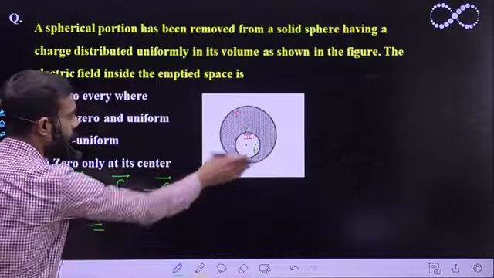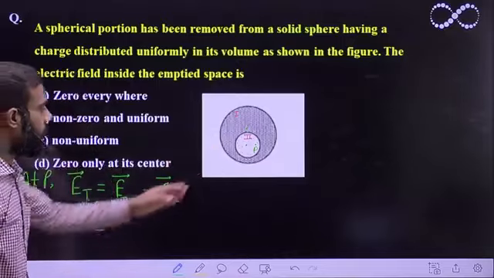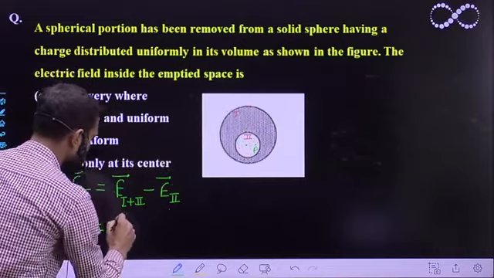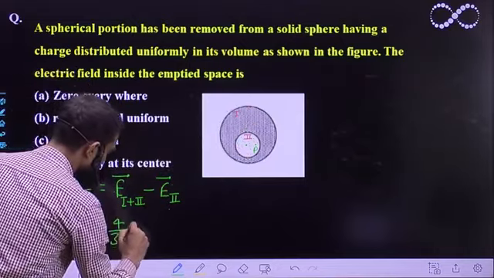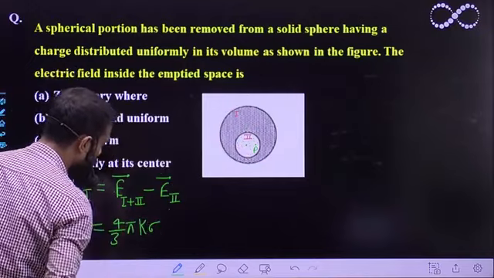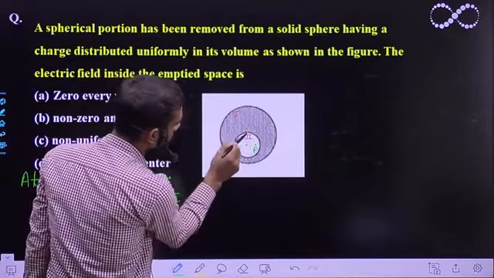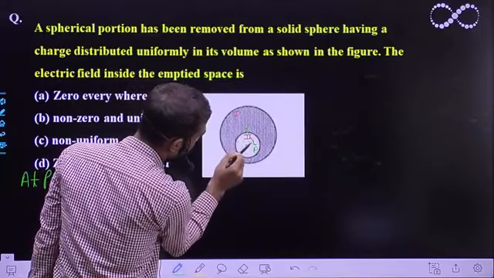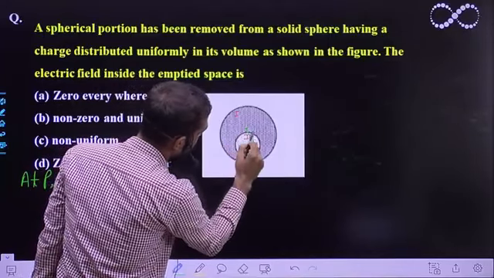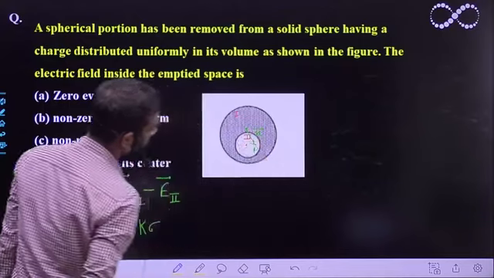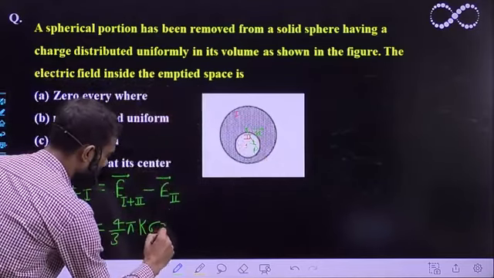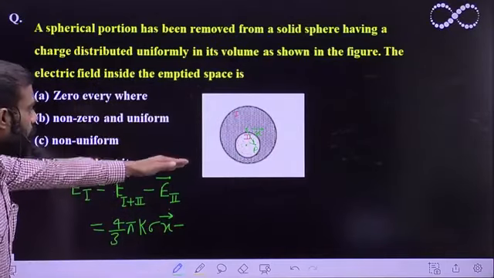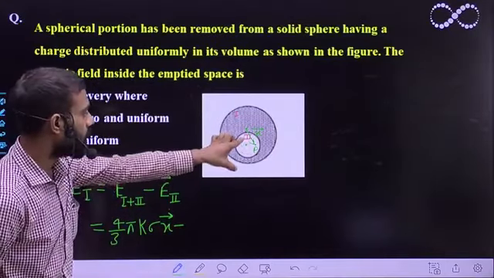1 plus 2 is the entire sphere, and point P is inside the sphere. So the electric field will be 4/3 π k ρ, and let us take this is the center. Let us take this vector as x vector, minus the electric field due to part 2, that is this inner one.